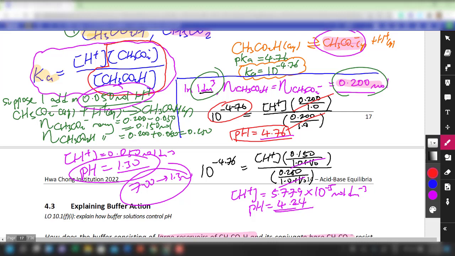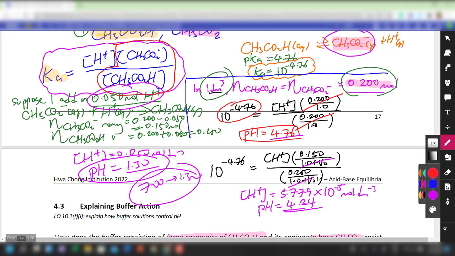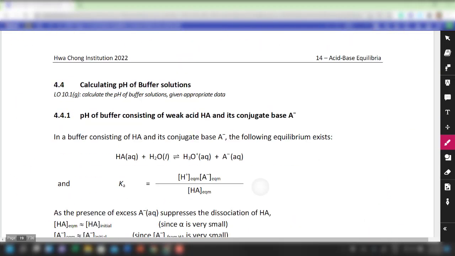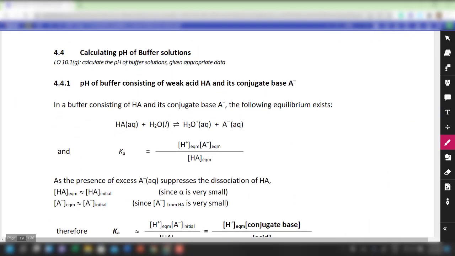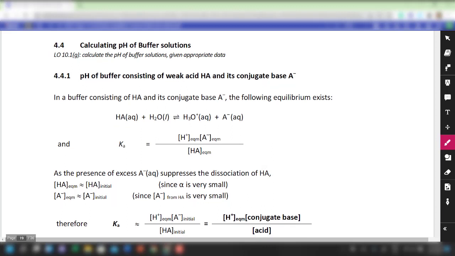So I hope this can help you to appreciate the action of buffers a little bit more beyond the qualitative aspect. The quantitative aspect, the calculation part, will only come in later on, which we are looking at next in section 4.4.